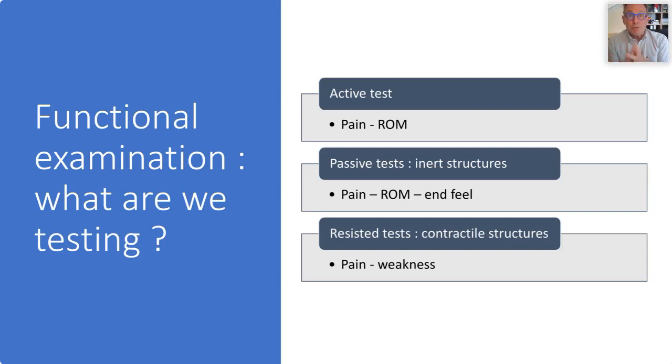And what happens with the range of motion? When you do passive tests, I would like to have information about the pain, range of motion, and the end feel. When you do resisted tests, we have to take into account the variable pain and weakness. Always keep that in mind.